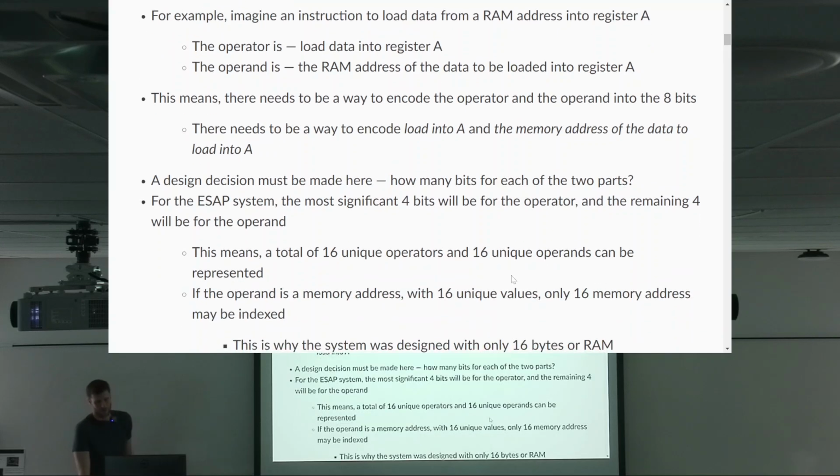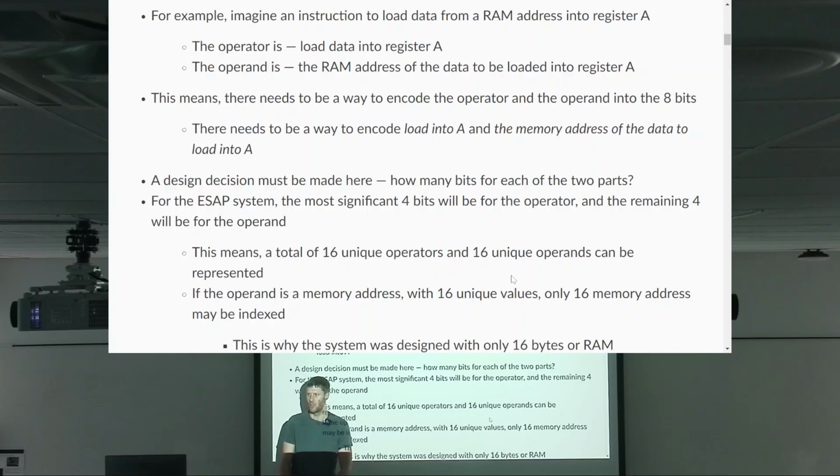So, yeah, we need a way to encode an operator and an operand. But we have 8 bits. So we only have 8 bits to somehow encode 2 different pieces of information. We need to decide how many bits for each part. And the decision has huge implications for the system. Should I have 2 bits for the operator?